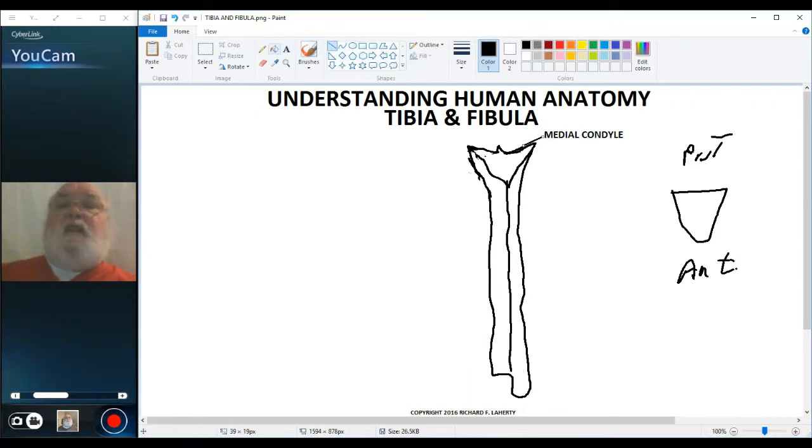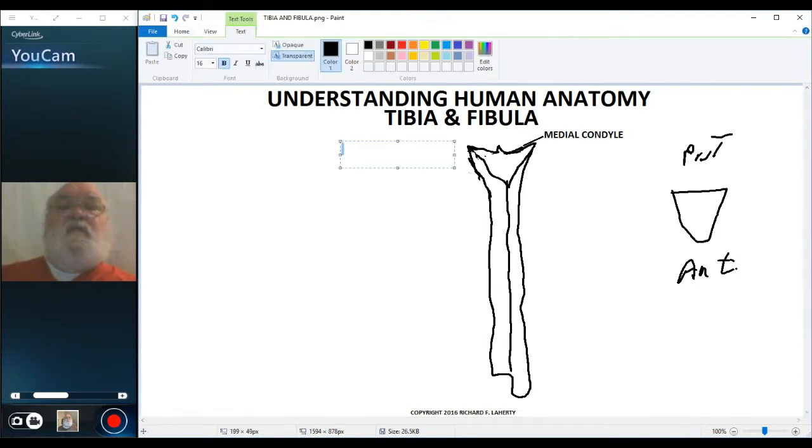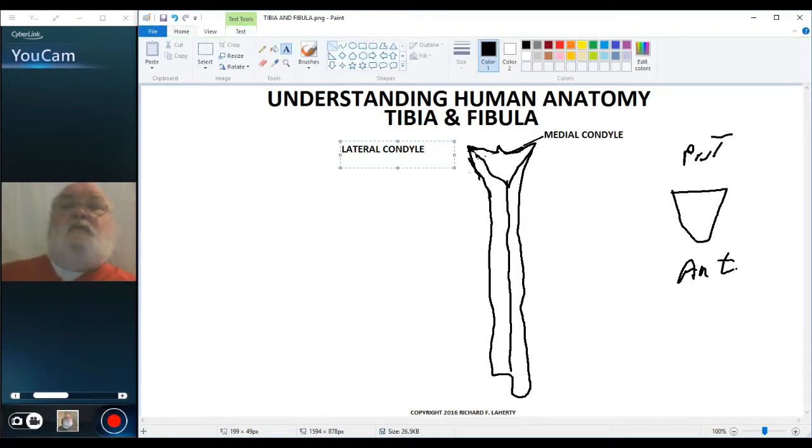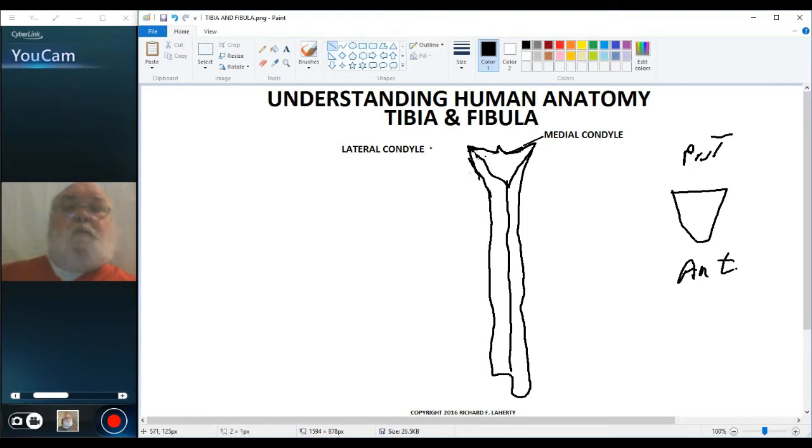We're going to have the lateral condyle, and the lateral condyle articulates with the lateral condyle of the femur.